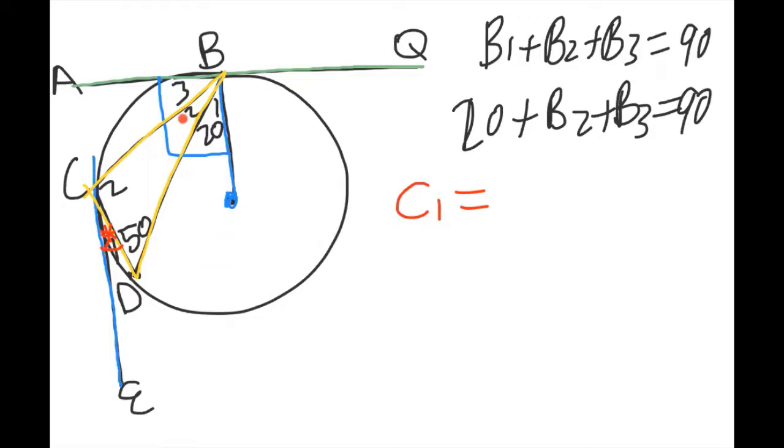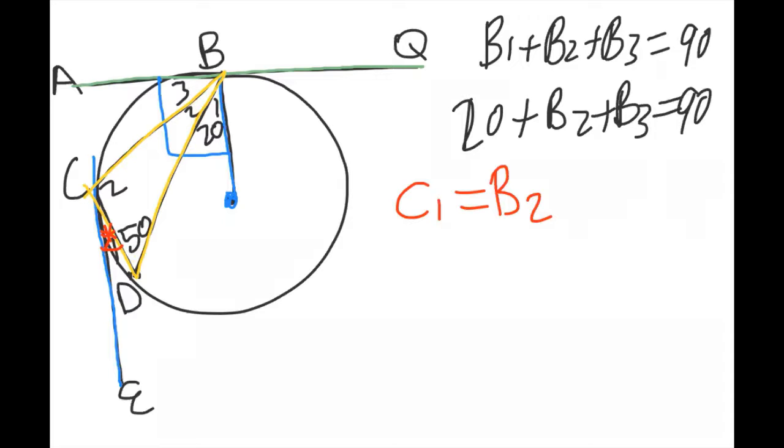Because the blue is the tangent, the yellow is the chord, and the opposite angle is B2. So C1 equals B2. But we haven't got B2.